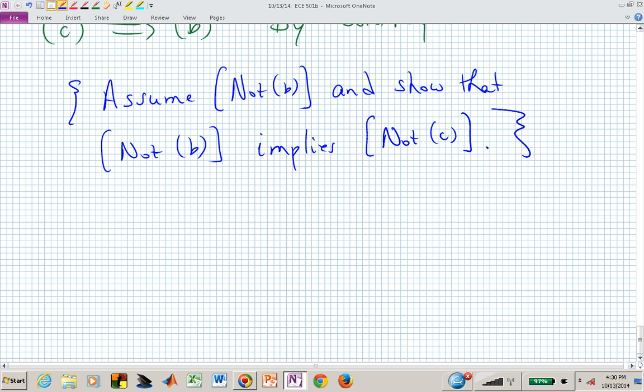And B was the fact that the linear map T applied to V sub L was in the span of V sub 1 up to V sub L. Now we can say that's not the case.